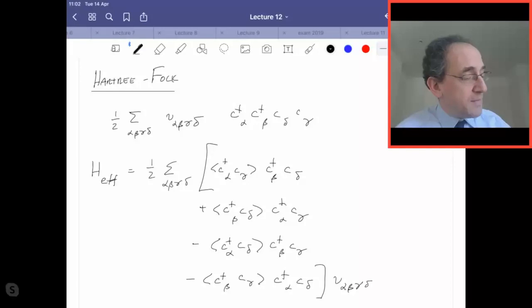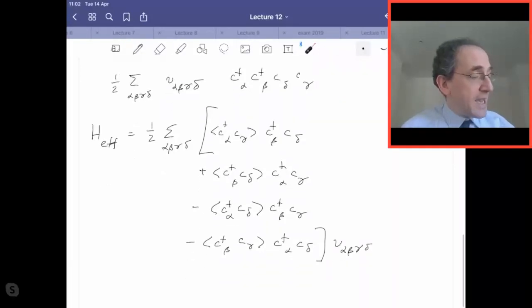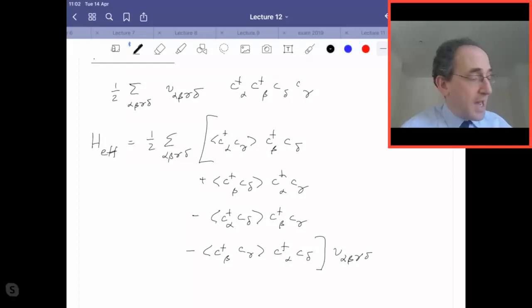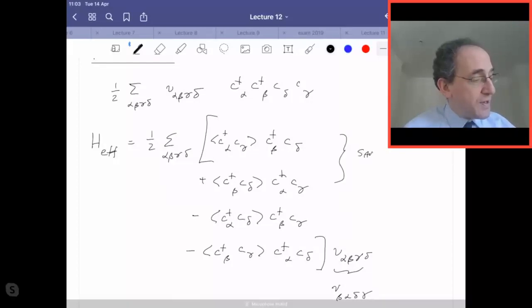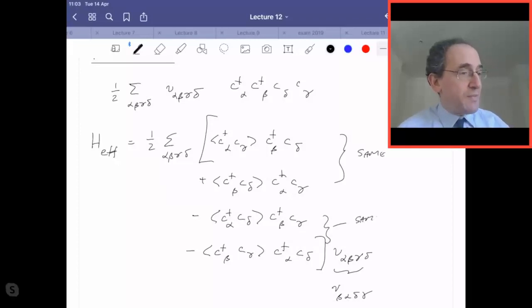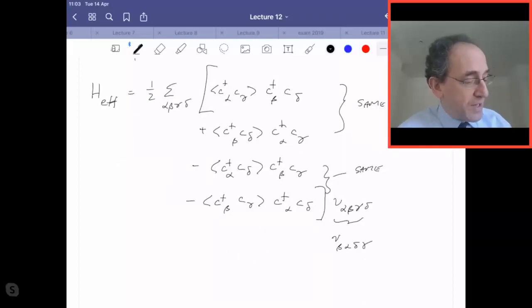Okay, so there's a symmetry of V: V alpha beta gamma delta is the same as V beta alpha delta gamma, you may recall, and that means that these two terms are the same as each other, and these two terms are also the same as each other. Okay, so hopefully without making further mistakes, we end up with our effective Hamiltonian.